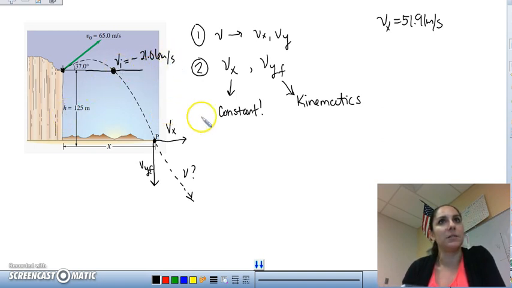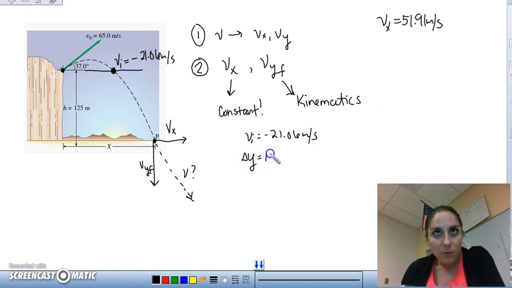I have my displacement. So here we go. Vi equals this, negative 21.06. My displacement is 125 meters down, so I'll throw in that negative right there. Sorry, it's floating, but it's part of this.